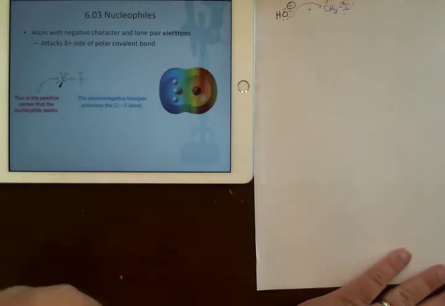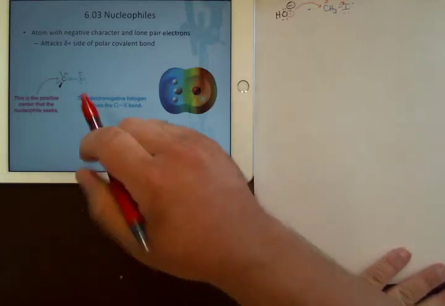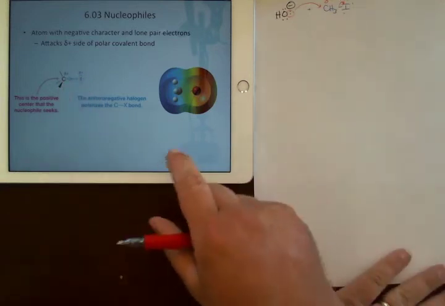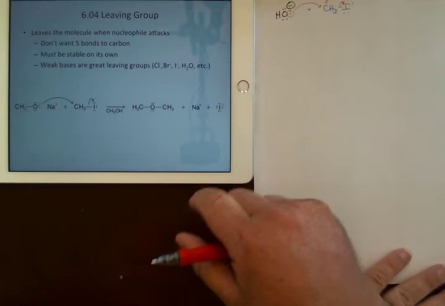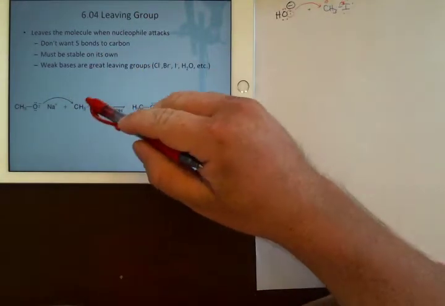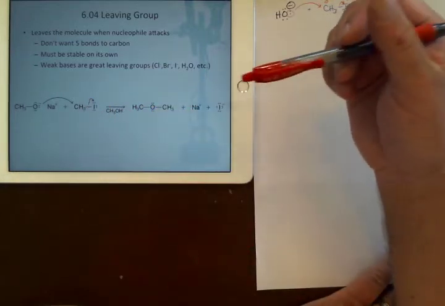The nucleophile itself is going to have negative character, either a full negative charge or a partial negative. That's fine, but it is definitely going to attack the positive side of the polar covalent bond. Negatives get attracted to positives. The leaving group basically allows the carbon to get rid of the two electrons and avoid having five bonds.